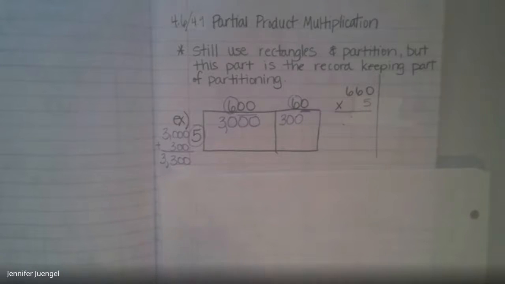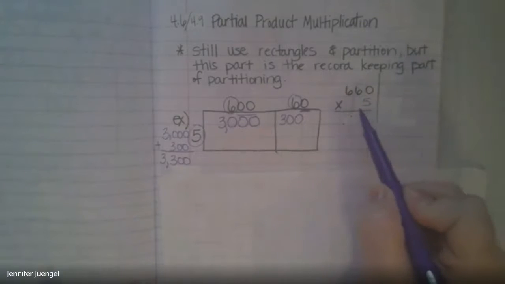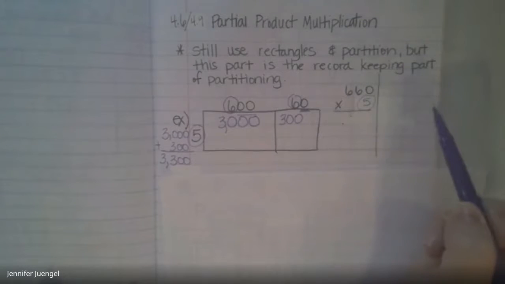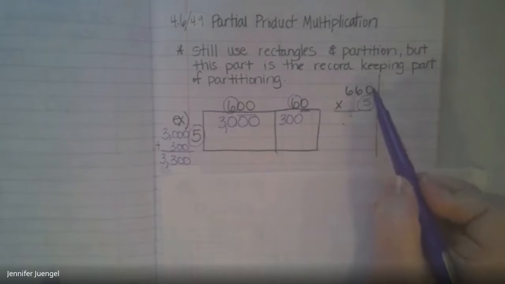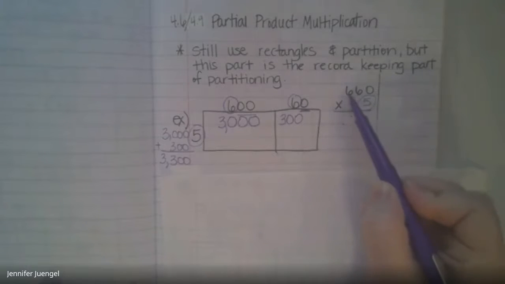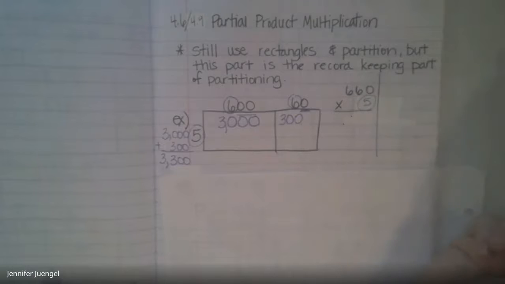So here's what I mean. Since we've got 5 in the ones place, I'm going to take my 5 and do 3 separate multiplication problems. I'm going to multiply 5 times each of the place value spots. Over on the side, I'm going to record what those problems look like, and then I'm going to do addition.